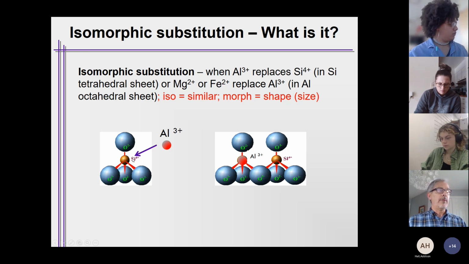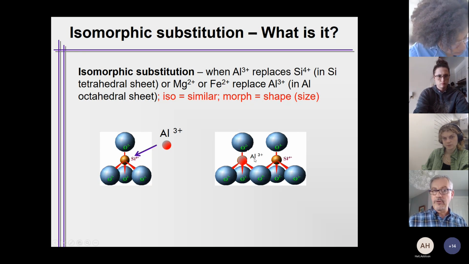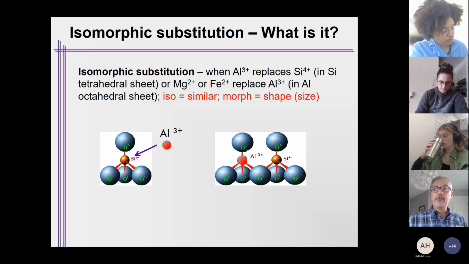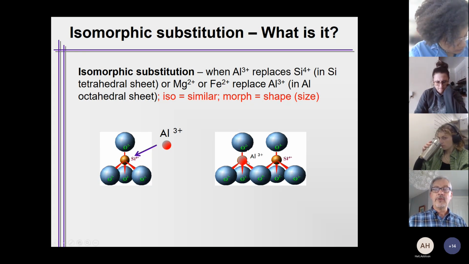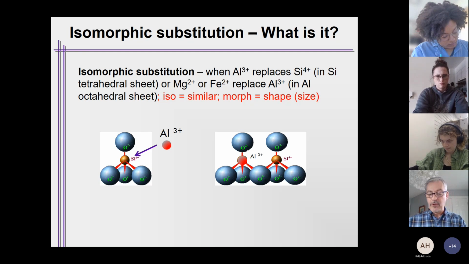And when you replace a +4 with a +3 charge due to weathering, what happens? You lose a positive charge, right? You start with a +4, and now you have a +3, like you see on the right-hand side here. You lose a positive charge. Another way of thinking of this is you gain a negative charge. This is how a soil becomes negatively charged.